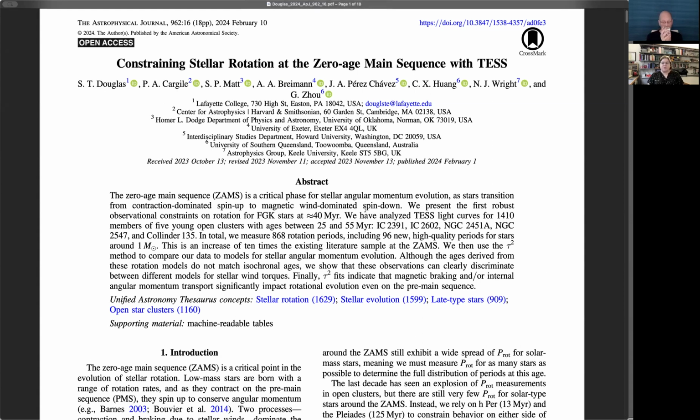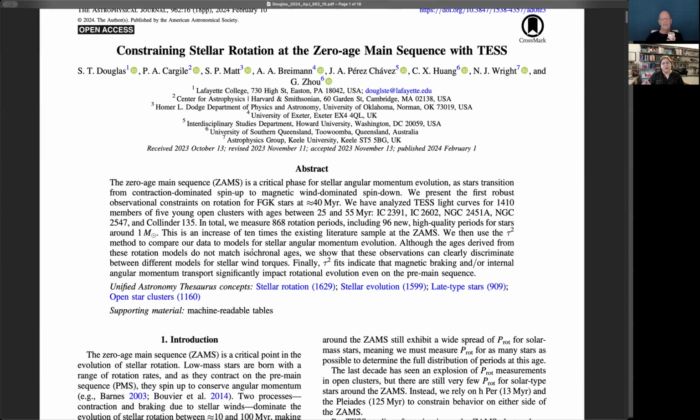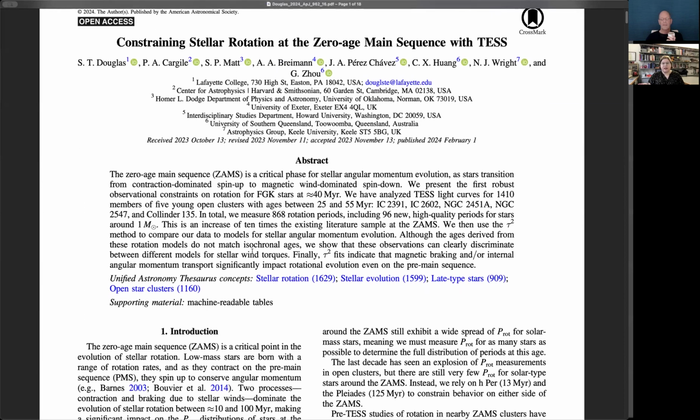Part of the reason we did that is that this is an age that wasn't well constrained empirically, but it's a very important age for the theoretical rotation of these stars. So we go into testing one example of a model with these and using a new method called tau squared. It's kind of like chi-squared in 2D.